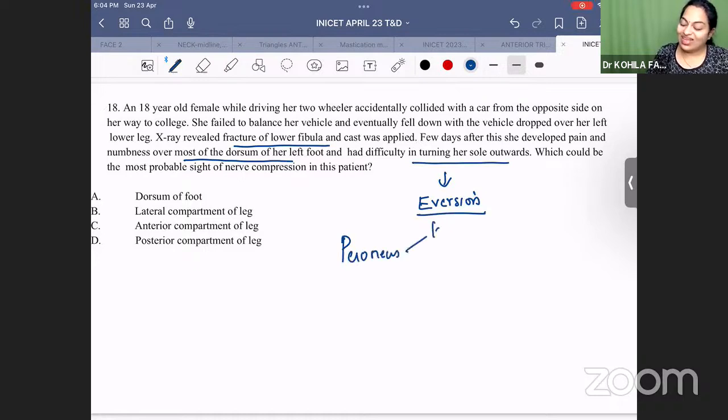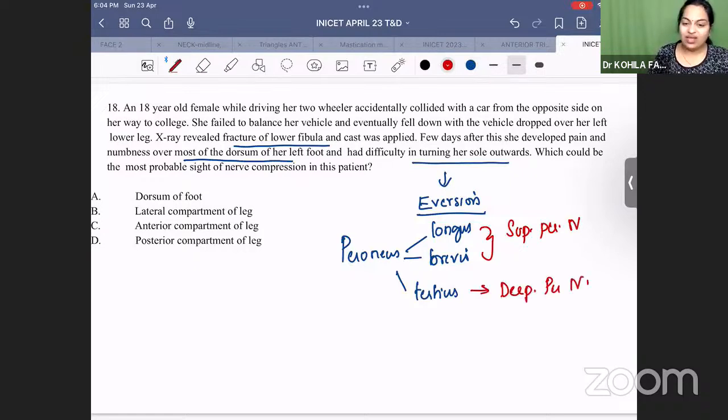Peroneus longus, peroneus brevis, peroneus tertius. But the nerve supplying these two is the superficial peroneal nerve, and this one is the deep peroneal nerve. Why? Peroneus tertius is seen in the anterior compartment of the leg. Longus and brevis in the lateral compartment of the leg.